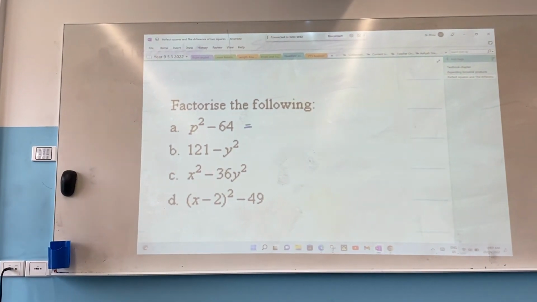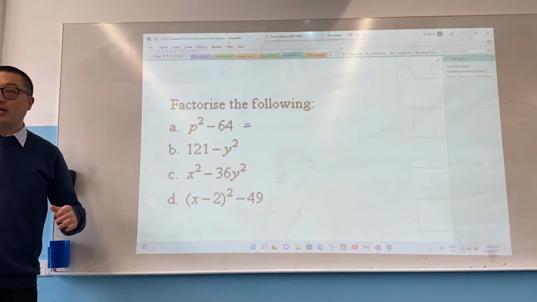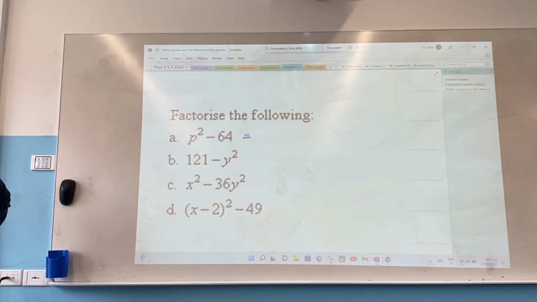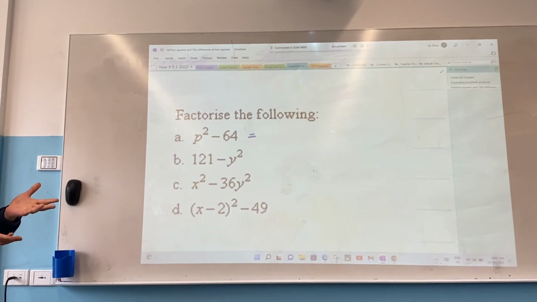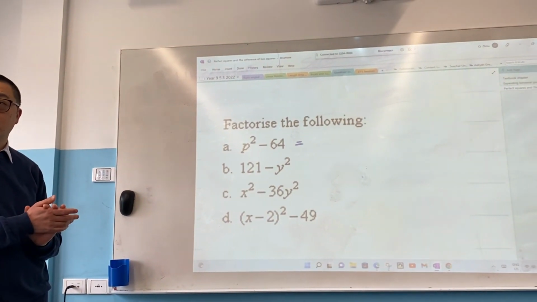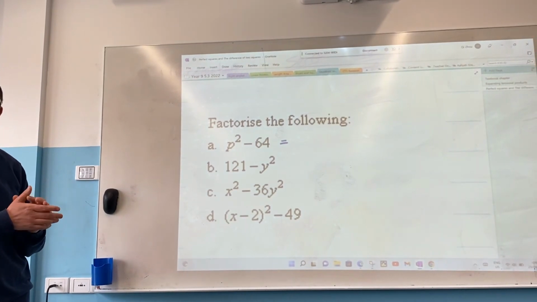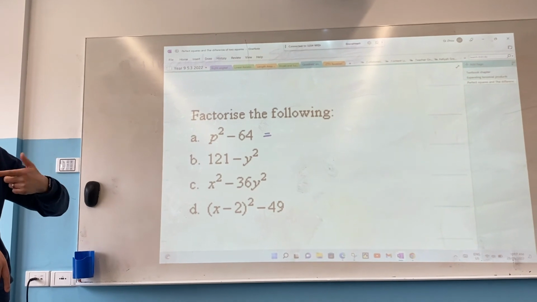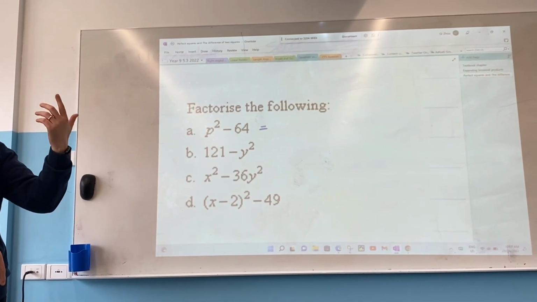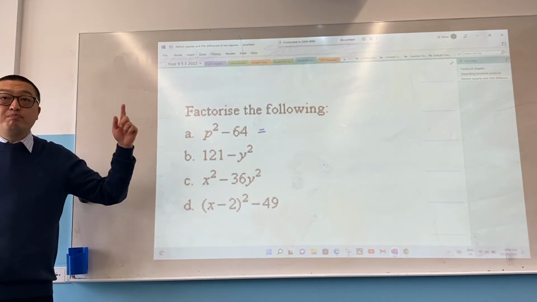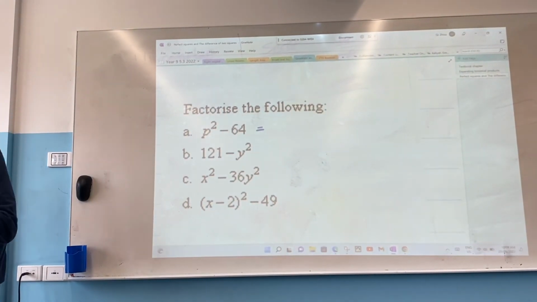Before I talk about the answer, let's have a look at part A. P squared minus 64. I'll give you a hint using today's concept. It's going to be p minus 8 brackets, and that's going to be squared. When I look at 64, what am I thinking? Is that B squared? 8 squared. Immediately I'm thinking about 8 squared.